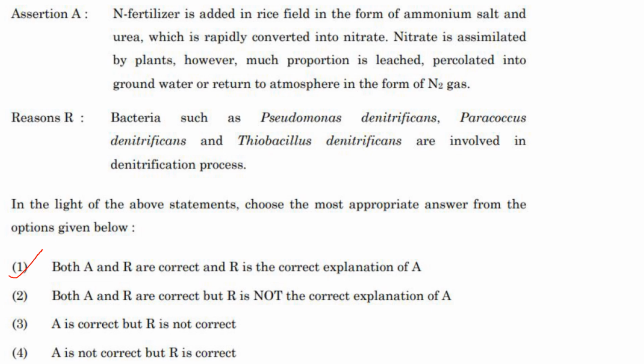Bacteria such as Pseudomonas denitrificans, Paracoccus denitrificans, and Thiobacillus denitrificans are involved in the denitrification process. So that explains why some of them are returned to atmosphere in the form of nitrogen gas. So the answer here is both A and R are correct, and R is the correct explanation of A. Answer is option 1.